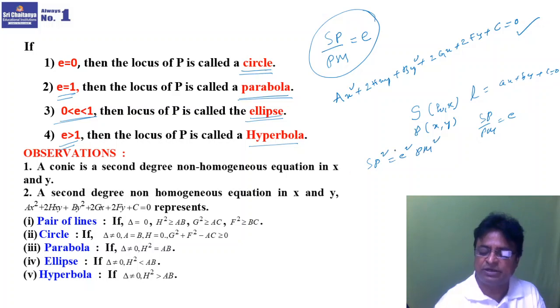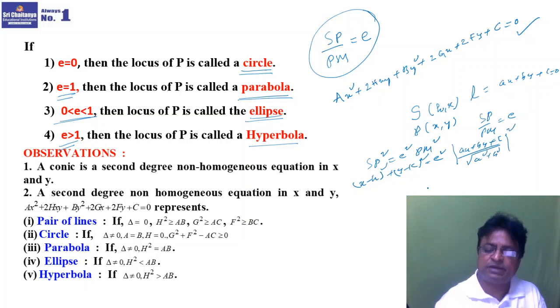What is SP square? (x minus h) whole square plus (y minus k) whole square equal to E square into PM square, where PM is the perpendicular distance, that is (ax plus by plus c) by root of (a square plus b square), whole square.